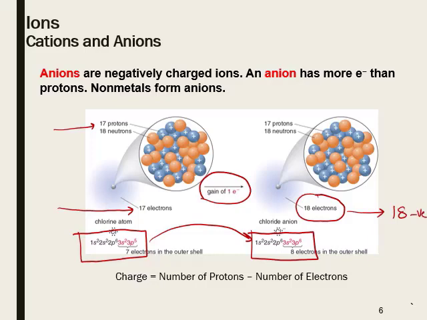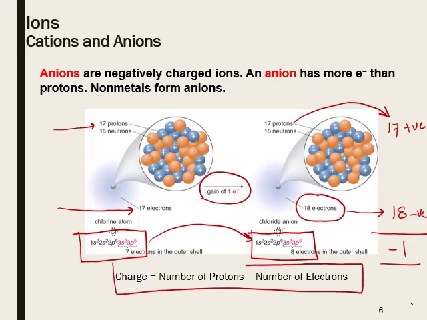So now we have 18 negative charges, but nothing changes in number of protons. We still have 17 positive or 17 protons. So if we subtract the total number of protons and total number of electrons, we get the final answer as -1. So the charge on chlorine ion is -1.